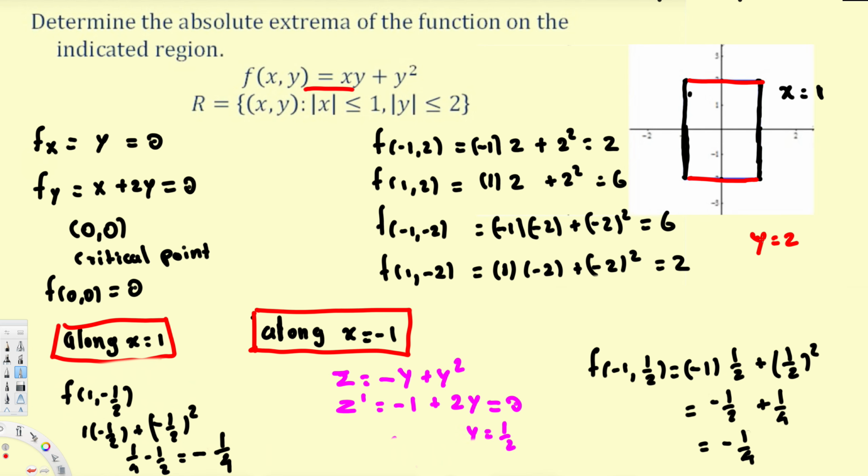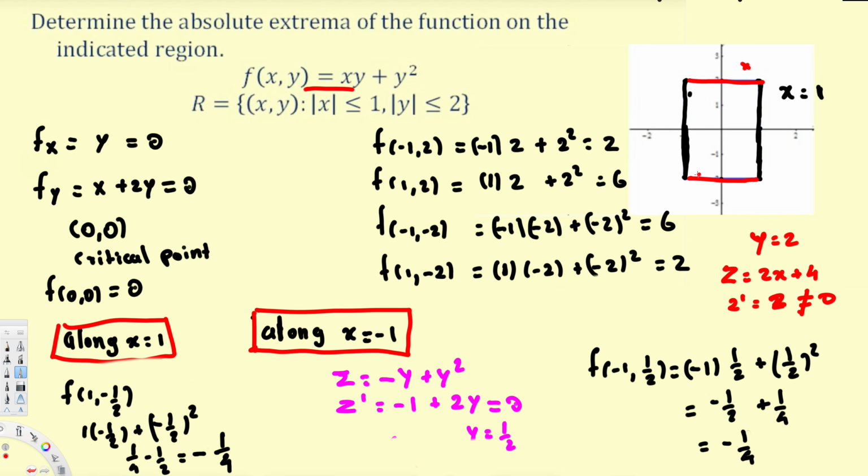If we plug y is equal to 2 into this equation, let's say this is z again, z is equal to 2x plus 4, and if we take the first derivative with respect to x, this is going to turn into 2 plus 0, so just 2, and we cannot equate it to 0 because 2 is not equal to 0, so this way is not possible, so this path does not exist.